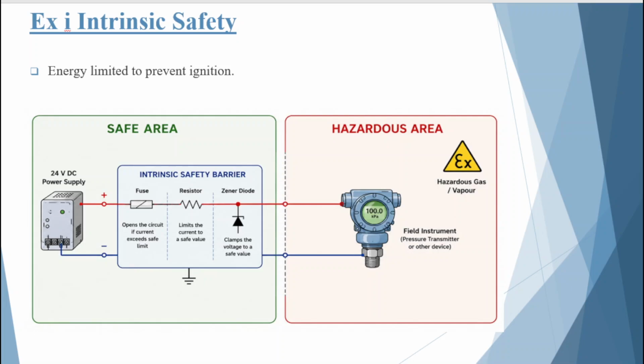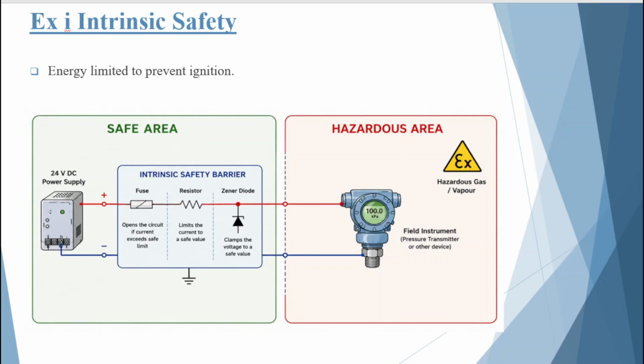This is usually achieved by using intrinsic safety barriers or galvanic isolators, which are installed between the safe area and the hazardous area. These devices limit the voltage and current that can reach the field equipment. As a result, even if a fault occurs in the hazardous area, the electrical energy remains below the minimum ignition energy of the surrounding flammable atmosphere.